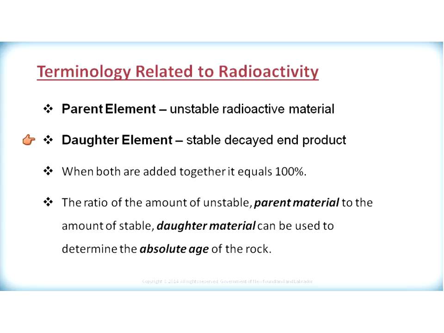When we add both the parent material and the daughter material together, both will add up to be 100%. Therefore, the ratio of the amount of unstable parent material to the amount of the stable daughter material can be used to determine absolute age of a rock.